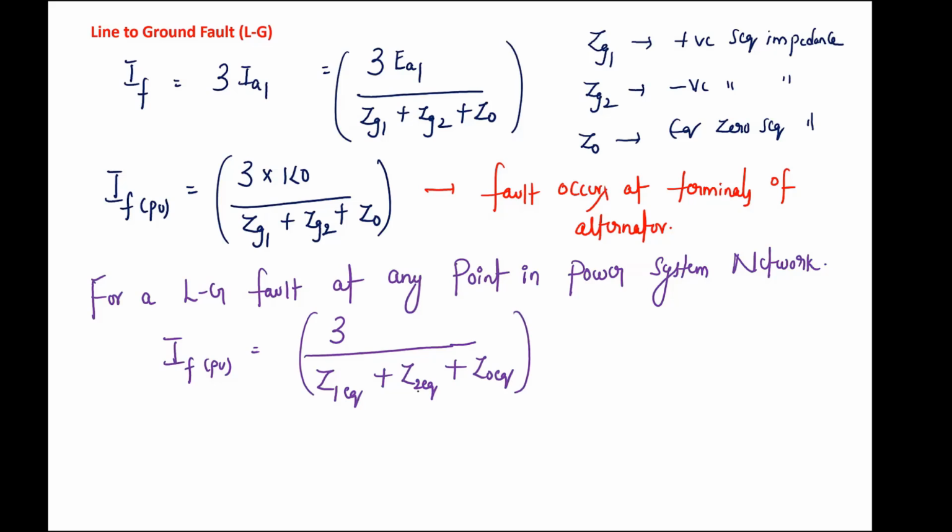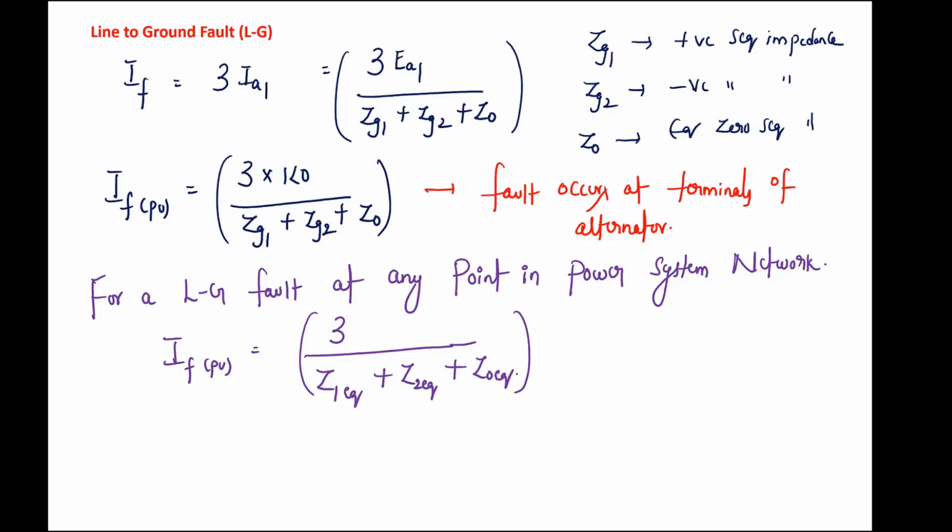where Z1 equivalent is the Thevenin's per unit impedance between the fault point and reference. Z2 equivalent is the Thevenin's negative sequence impedance, and Z0 equivalent is the zero sequence Thevenin's impedance between the fault point and reference. Understand?